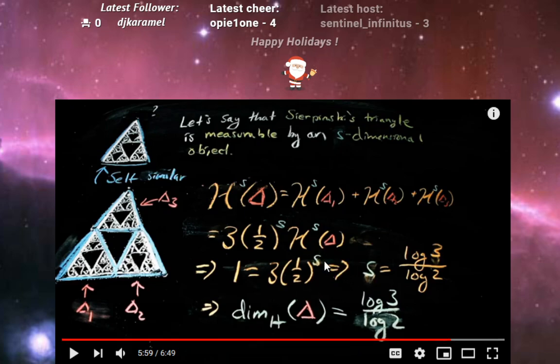S is supposedly the dimension number, but I don't know where he came up with this 1/2. That's confusing. Let's see what he's got to say here.